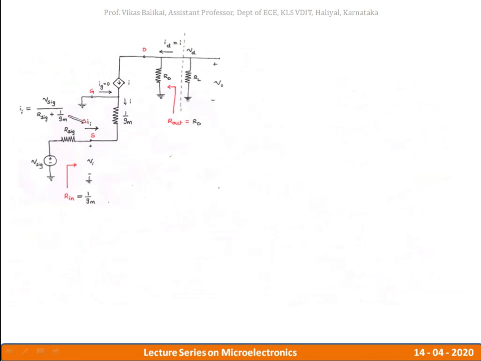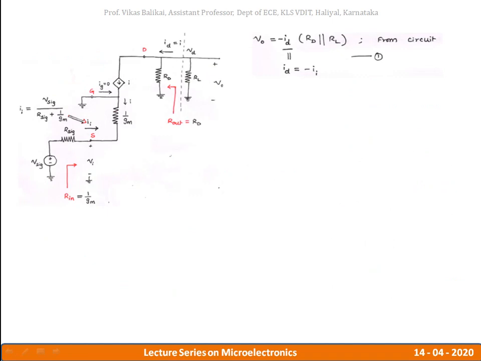Now moving on, let's consider the same configuration and figure out the output voltage. In order to find the output voltage, I should know across which resistance it is taken.